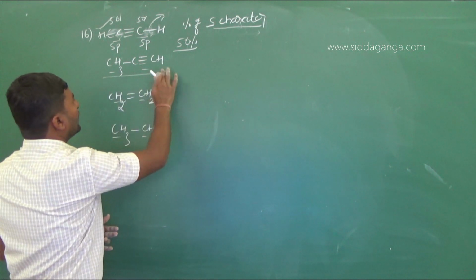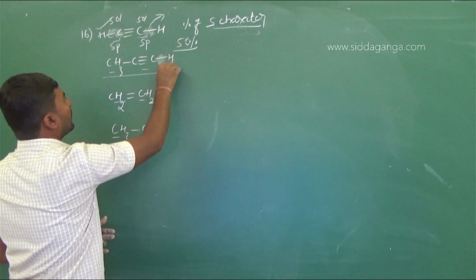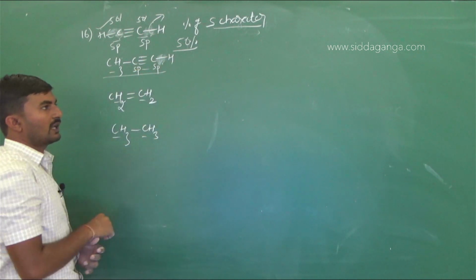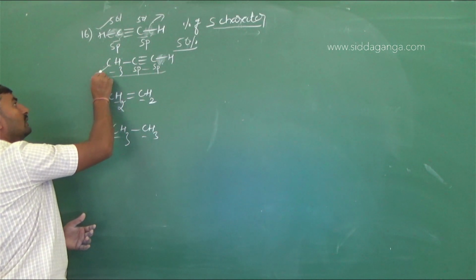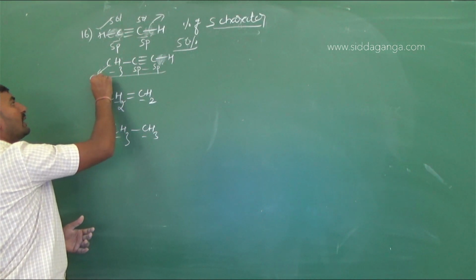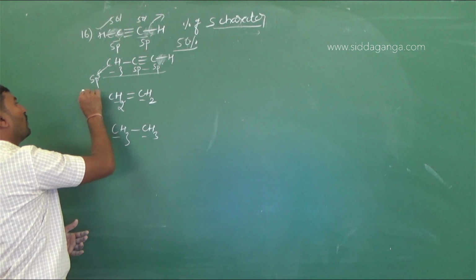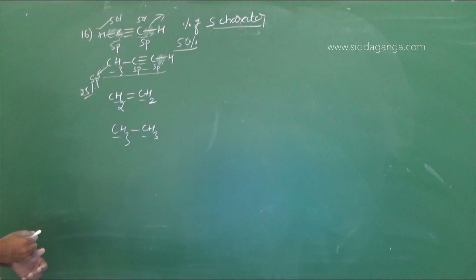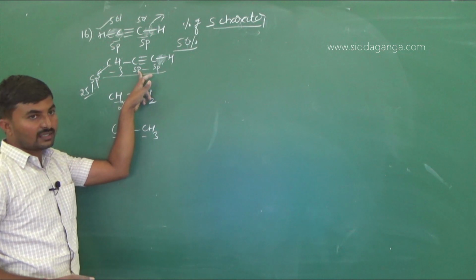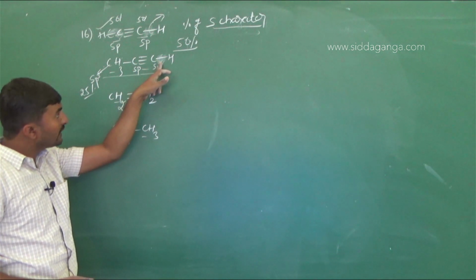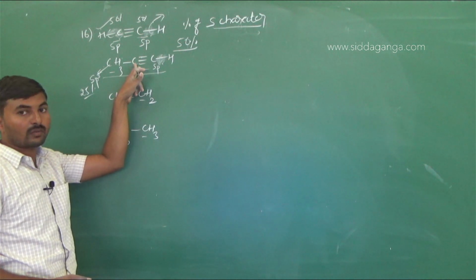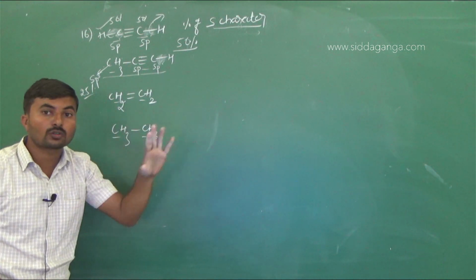Look here, this particular molecule is sp hybridized and this is also sp hybridized, but in this molecule the last carbon atom is sp3 hybridized, which has only 25% of s character. Here this carbon is sp hybridized, this carbon is also sp hybridized, but the second or the middle carbon atom does not have any proton to donate.